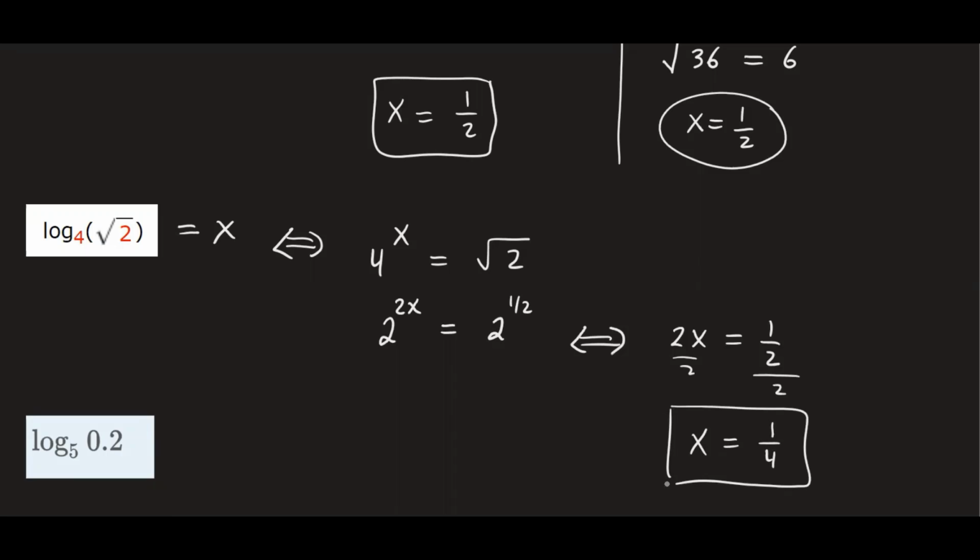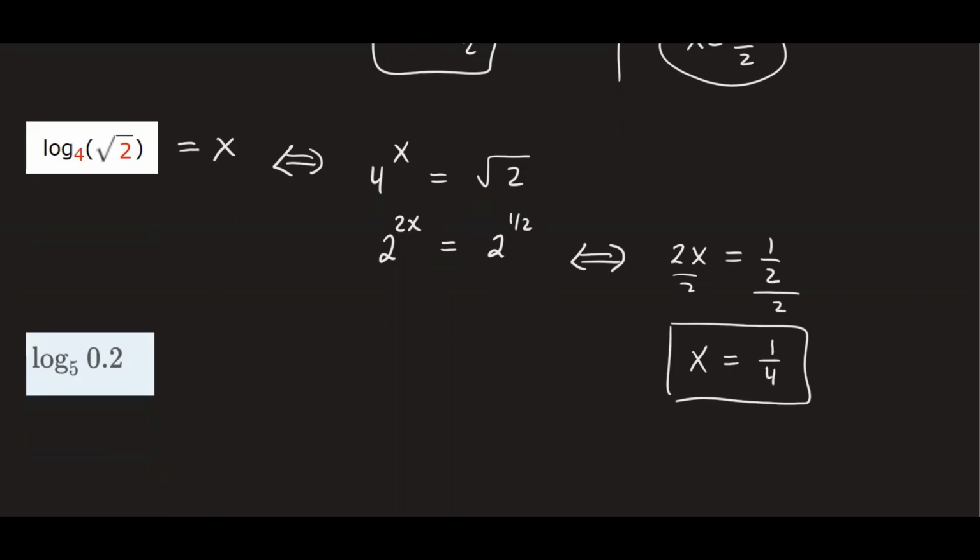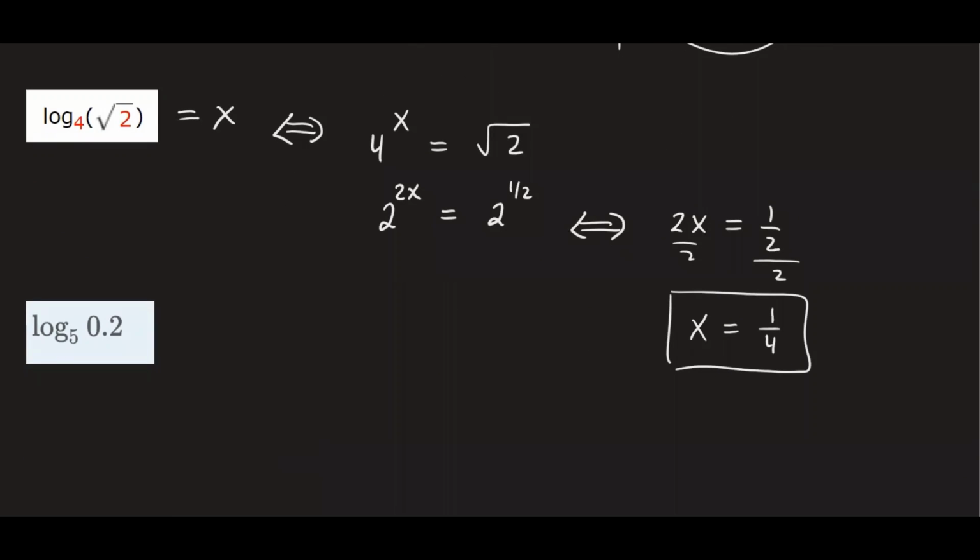Now let's try the one on the bottom. Here we want to know what is log base 5 of 0.2. Because we're not using a calculator, I'm going to rewrite 0.2 as a fraction. So this is the same as log base 5 of 2/10, because that's 0.2.